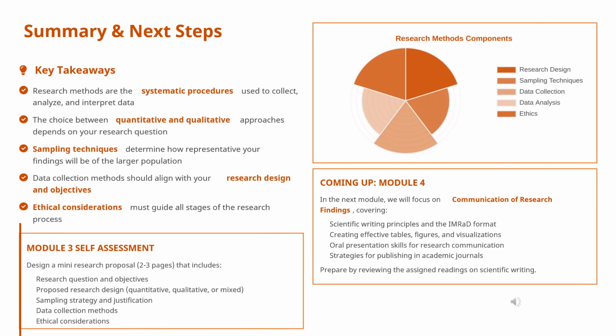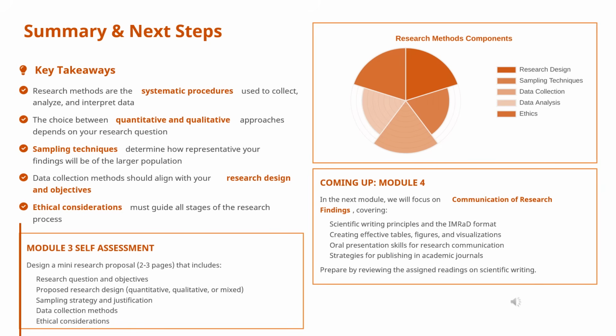So in summary, some of the key takeaways from Module 3: we are able to understand that research methods are the systematic procedures used to collect, analyze, and interpret data. Then the choice between quantitative and qualitative approaches usually will depend on your research question.